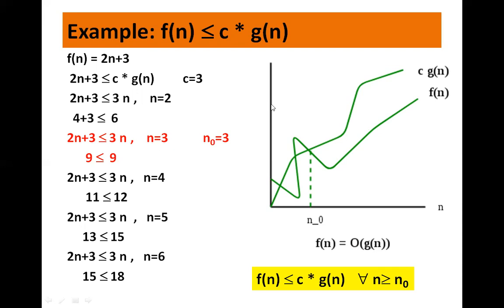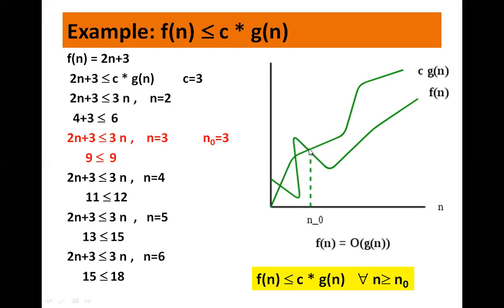So if you look at the diagram on this side, this is the upper bound, that is c into g of n, and this is my function f of n. Now, in the beginning, it may not be in proper shape, it may not always be less than, right? You can just look at the curve.